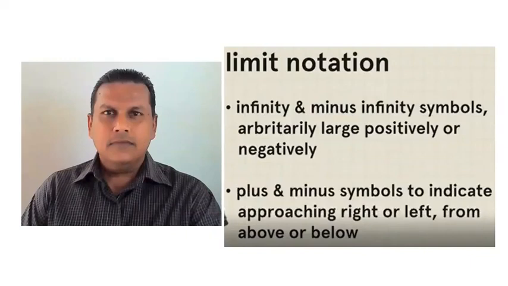All of those can be expressed concisely using limit notation, and various tricks using infinity and minus infinity symbols to indicate arbitrarily large positively or negatively, and plus and minus symbols in the superscript to indicate whether we're approaching something from the right or left, from above or below.